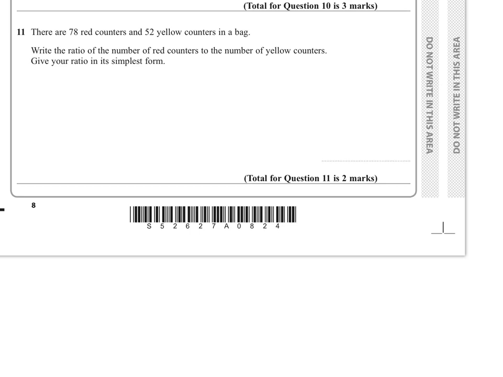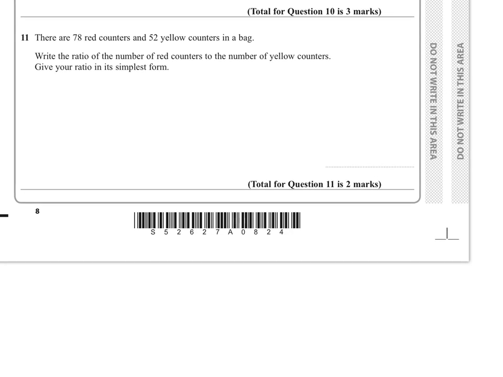Question 11. It says there are 78 red counters and 52 yellow counters, and we've got to write the ratio of red to yellow in the simplest form. Well, you can use your calculator here, but I'm just going to halve both numbers. You can use your calculator or not.